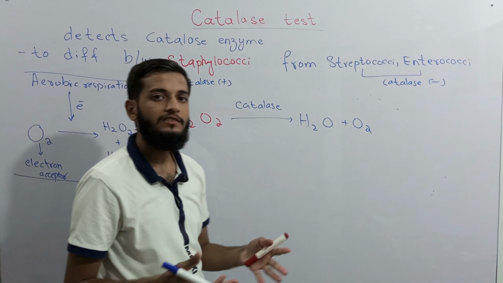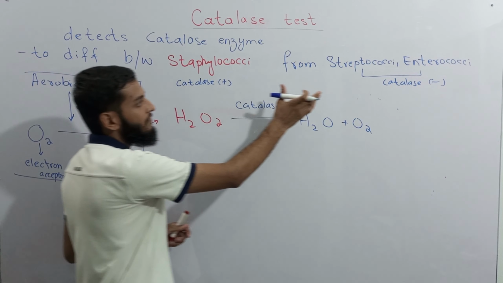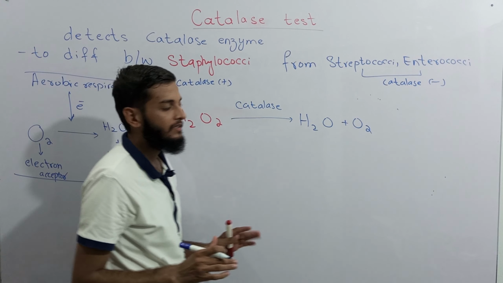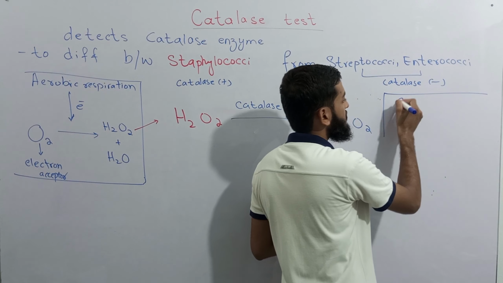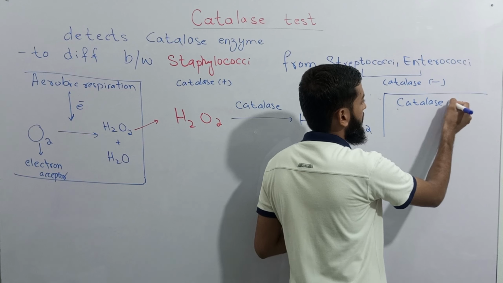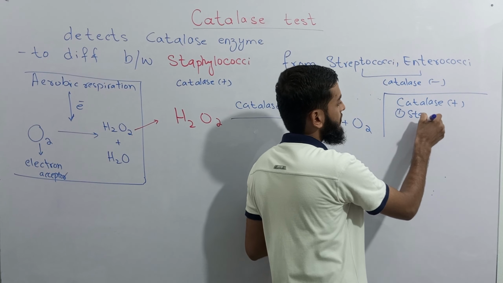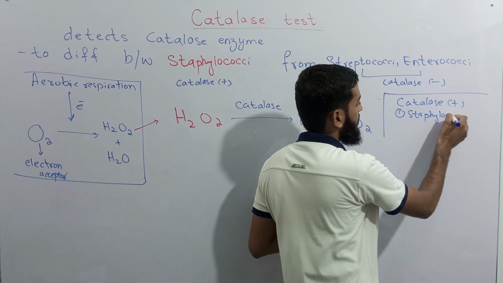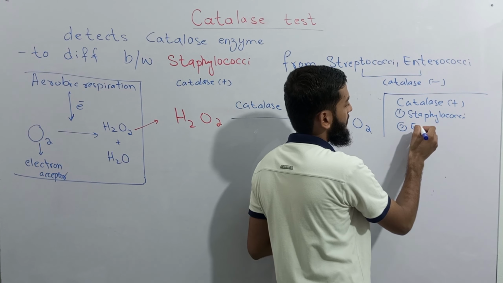As I have already mentioned, this catalase test is used to differentiate staphylococci from streptococci, but there are other bacteria which are also catalase positive. First of all, staphylococci are catalase positive. Second, E. coli.